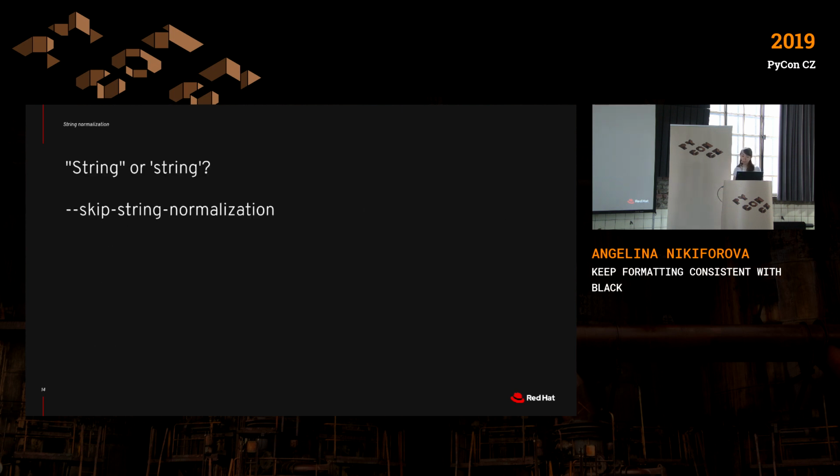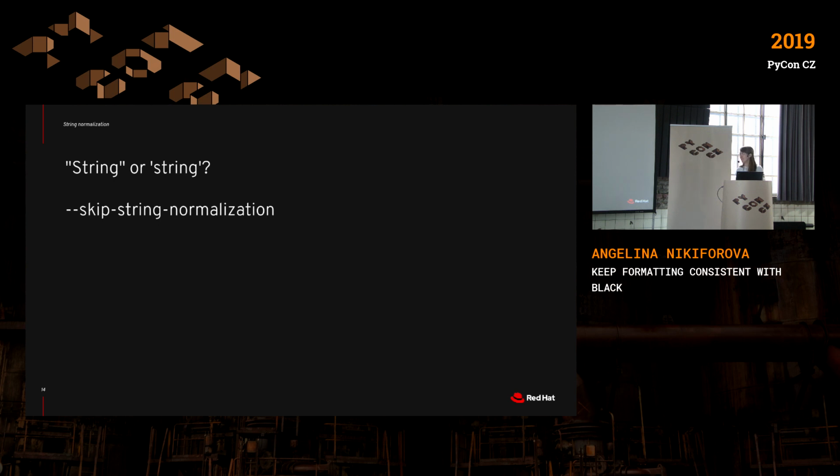As I said earlier, Black enforces double quotes. However, if you have some old project that uses a different convention for quotes, for example, I heard some people use single quotes for data, double quotes for human-readable data, or single quotes for dictionary keys, you can always pass the option skip string normalization. That will not change your precious single quotes.